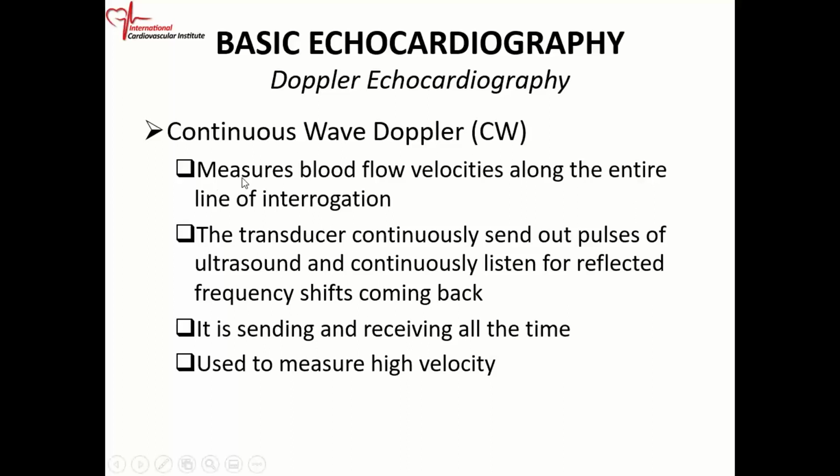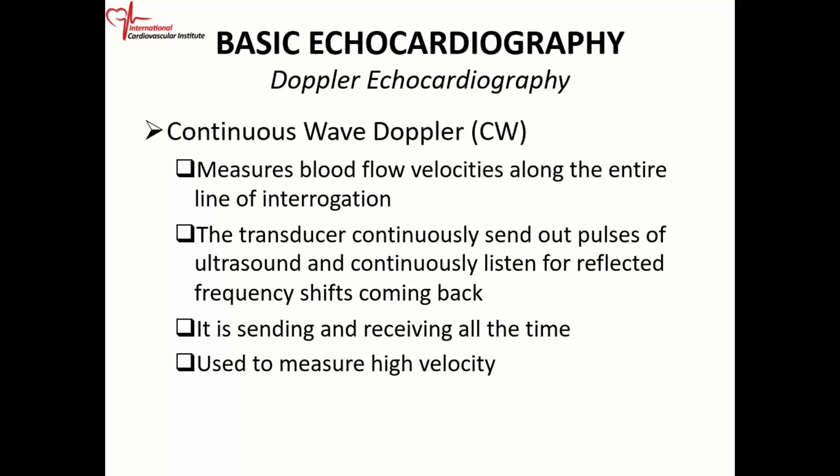So continuous wave Doppler measures blood flow velocities along the entire line of interrogation. What we mean by that is the transducer is continuously sending out pulses of ultrasound and continuously listening for the reflected frequency coming backwards. Whereas with a pulse wave Doppler, the transducer sends out pulses periodically.